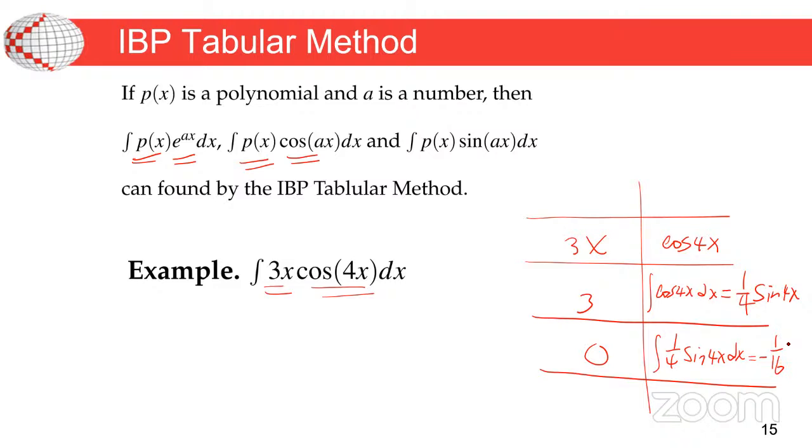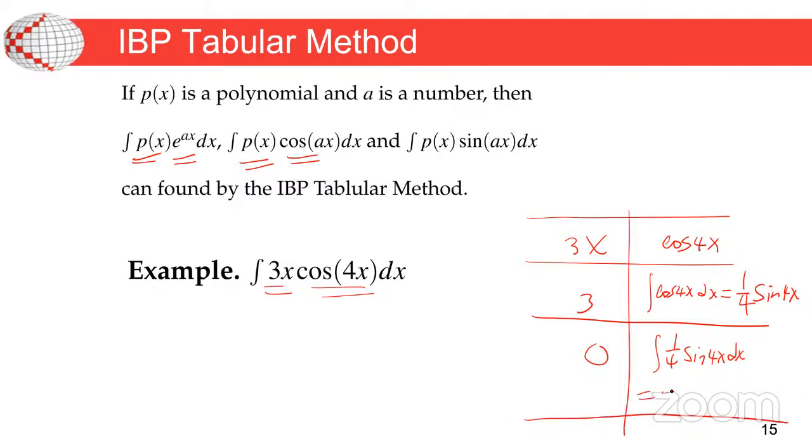Sorry, I needed to redo this one. So this is equal to negative 1/16 quotient 4x. Notice that we do not put a c here because we only need one function for the entry, just one antiderivative, and the derivative of quotient 4x and so on. That's why we take the capital C to be 0.